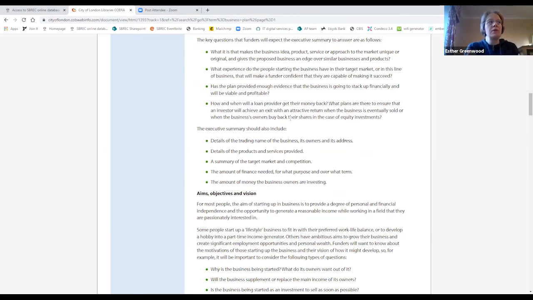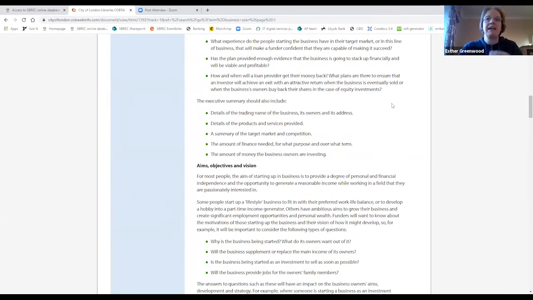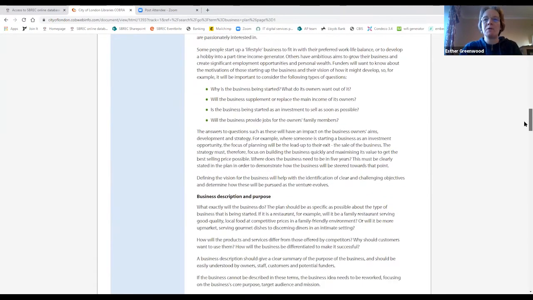They all cover the same essential elements. They might be in a different order, but everyone's going to have to provide financial forecasts. Everyone's going to have to talk about any premises that they might need or things like that. So all business plans contain the same information, if you like, but not necessarily in the same order.